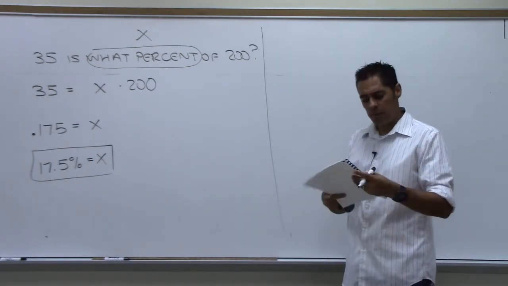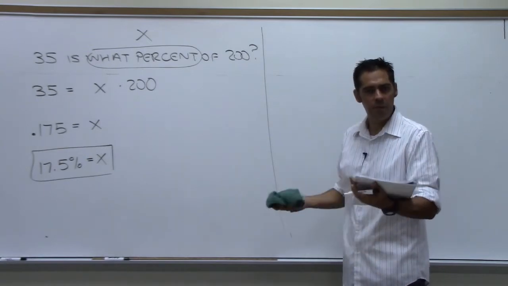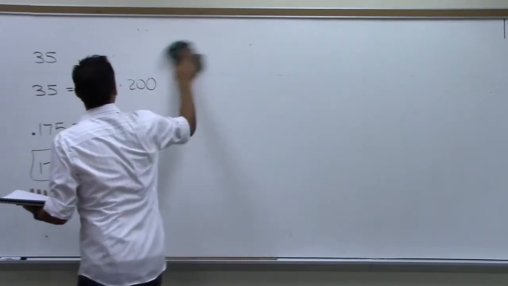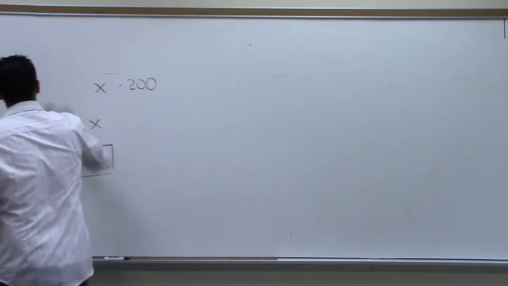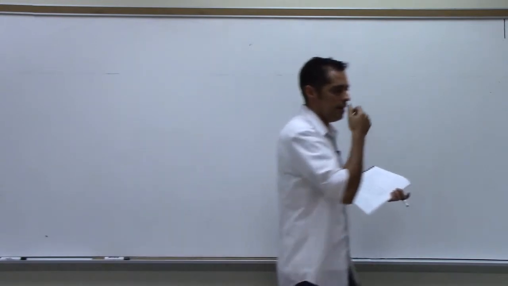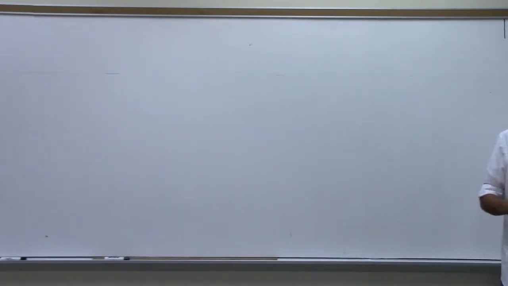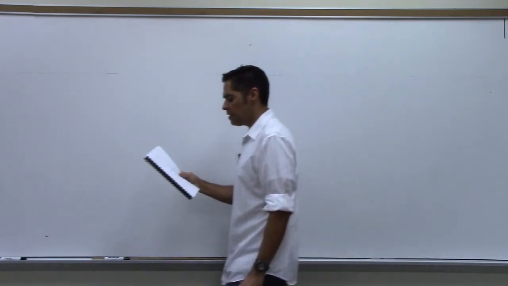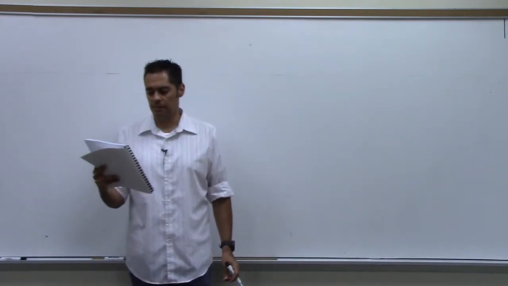Okay, does everyone have the problem about Northwest Vista transfer students in front of them? I do not want to write this on the board. Let's see if we have the same numbers. If you don't have this with you, make sure you bring it, and if not, read off your neighbors. 30% of all students at Northwest Vista College transfer to UTSA.